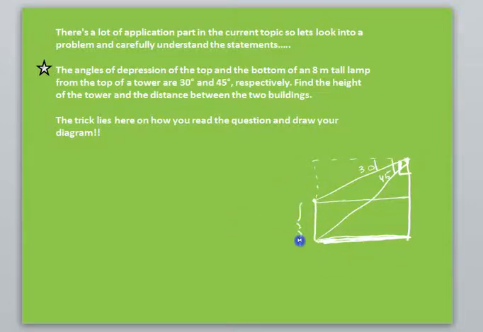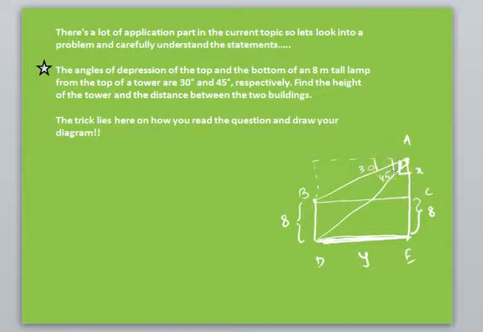The lamp or the building which is here is 8 meters, so the opposite side is also 8 meters. I would like to name them as A, B, C, D, and E. Let me assume the distance between the two buildings to be Y, and the AC part over here, I assume it to be X.